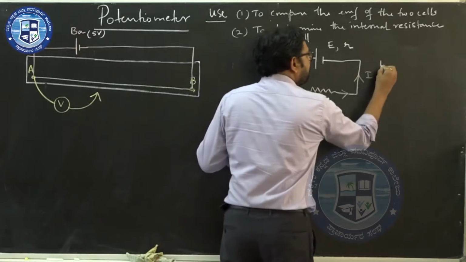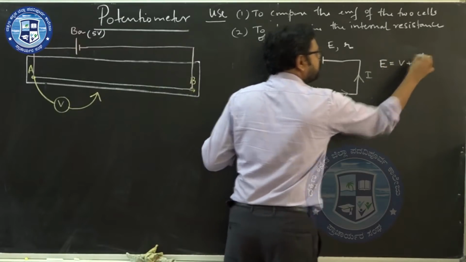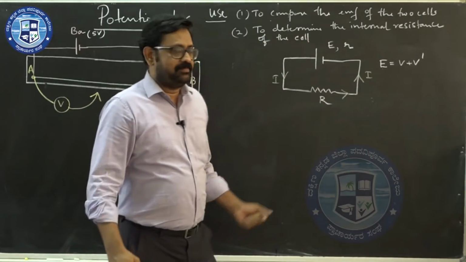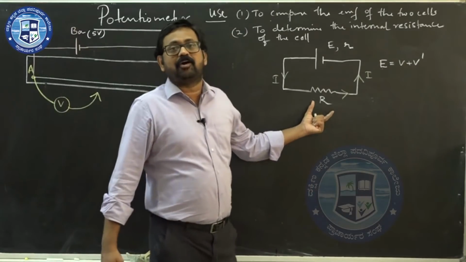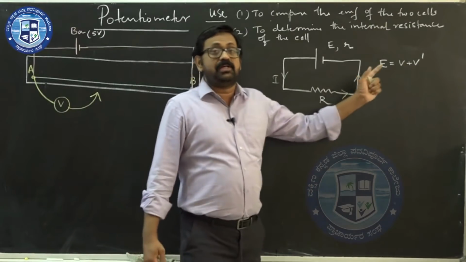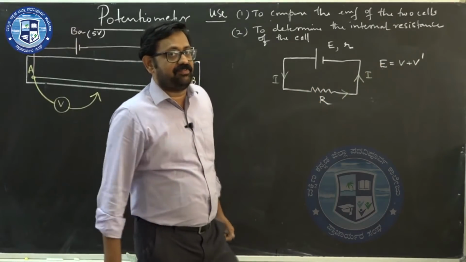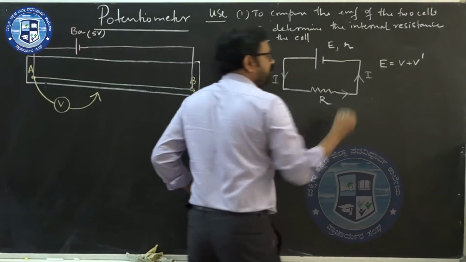And based on your earlier knowledge, E will be equal to V plus V dash. E is the EMF of a cell. V is the potential drop across the external resistor. V dash is the potential drop across the internal resistance of a cell. E is called the EMF of a cell.